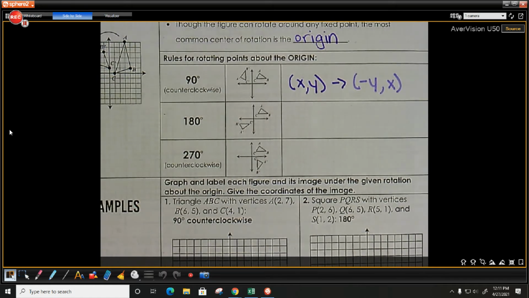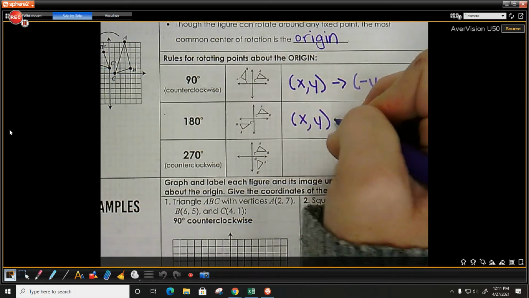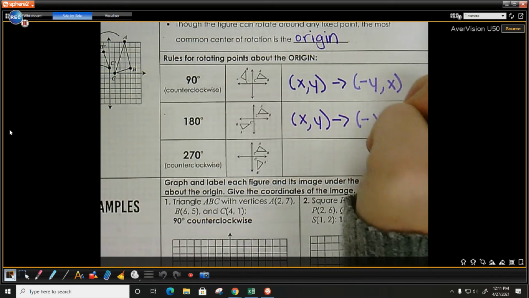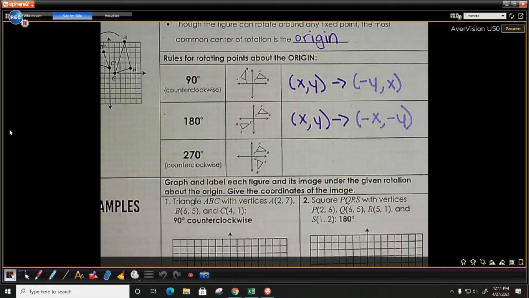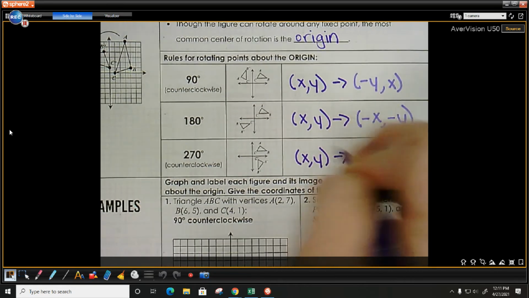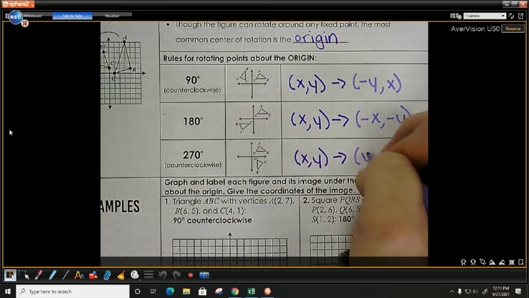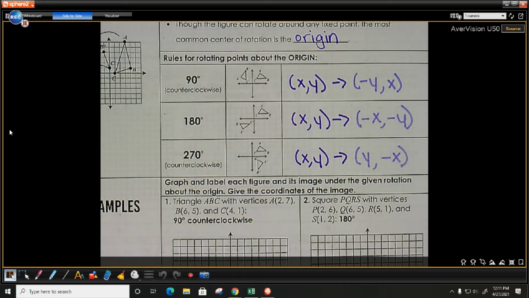For 180, you don't flip-flop anything, we're just changing the signs. And for 270, we're flip-flopping them, but changing the x sign. Again, you will be given these rules on your test. Okay?